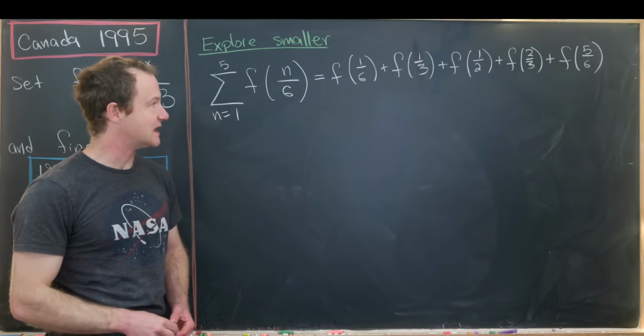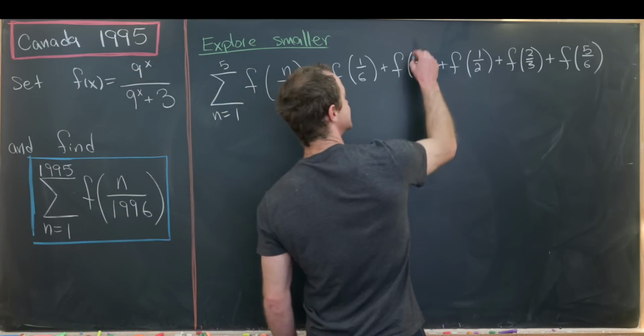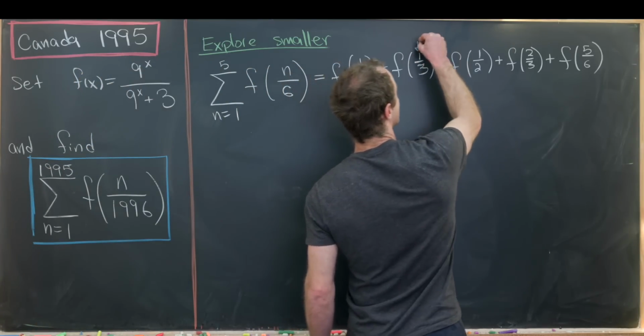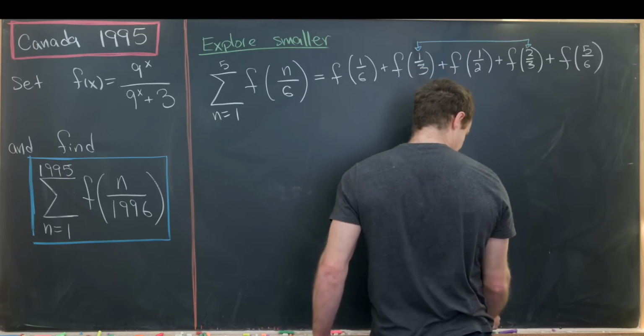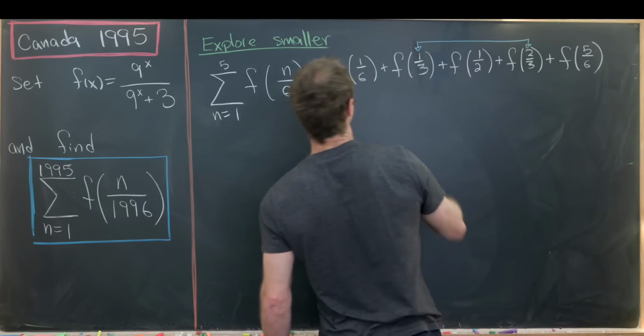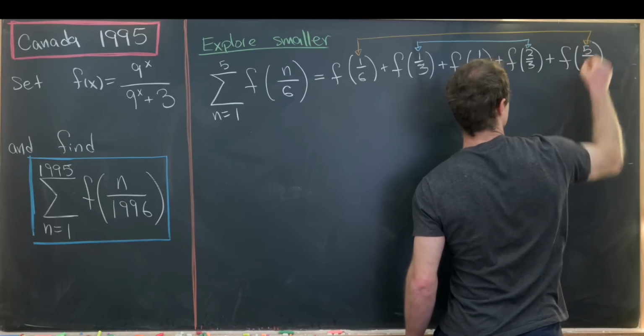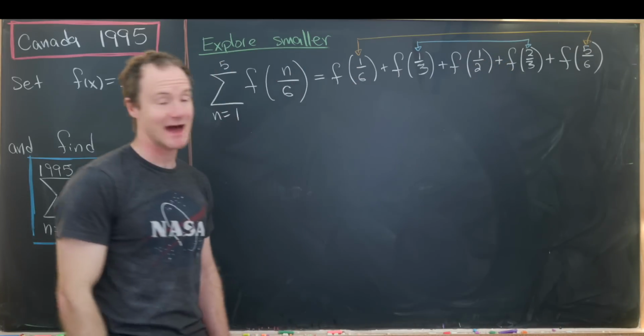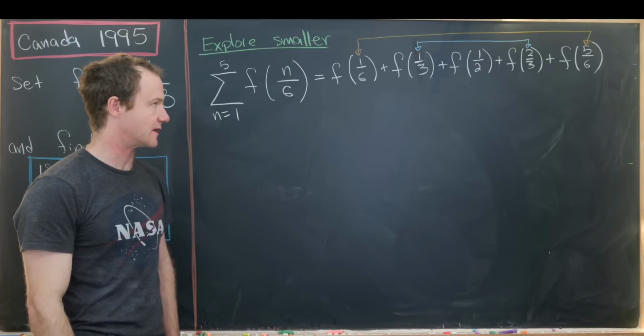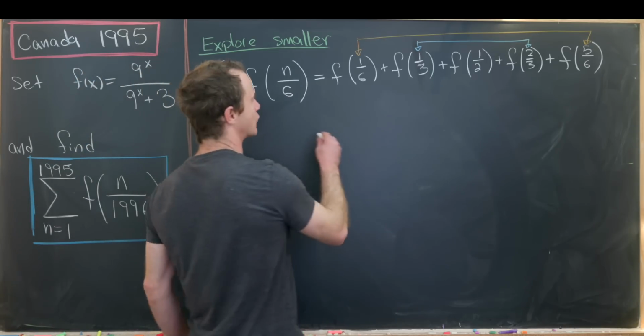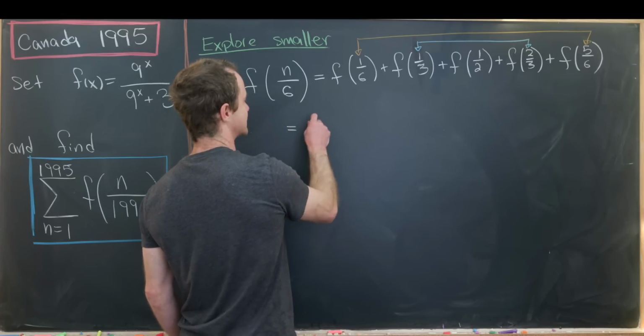Now, one thing that immediately jumps out at me is that these two numbers right here, 1/3 and 2/3, add up to the number 1. And similarly, this number right here, 1/6, and this number right here, 5/6, also add up to 1. So maybe there's something going on there. So let's maybe group those together just to see if this works out nicely.